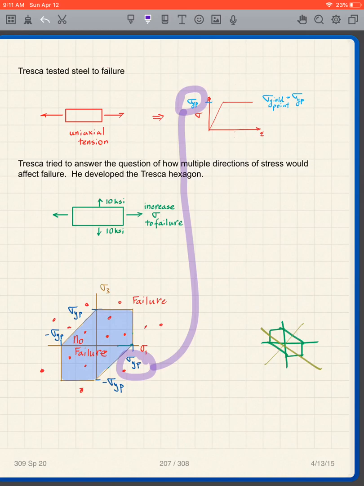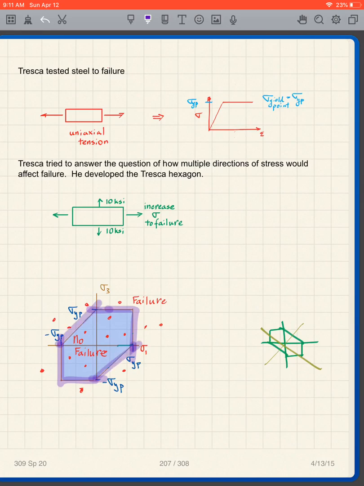Then you can use it to create the hexagon. If you look at this hexagon, it's straightforward. I have sigma yp here, sigma yp here, sigma yp here, sigma yp here, and then to create the hexagon, you just put a square in quadrant 1, a square basically in quadrant 3, and then connect the others like that.